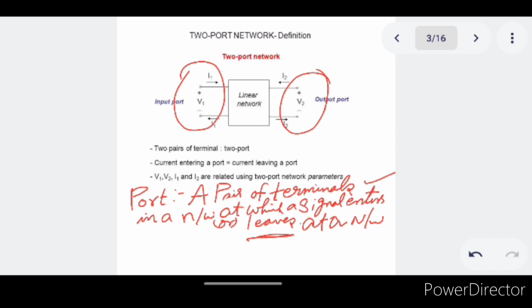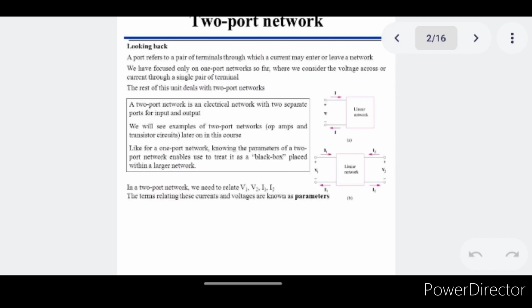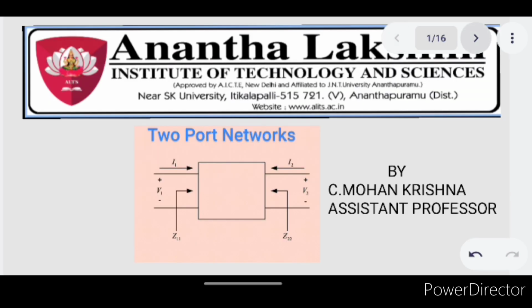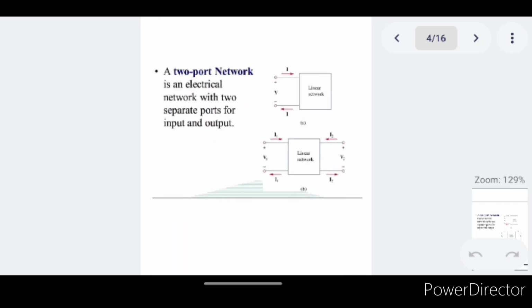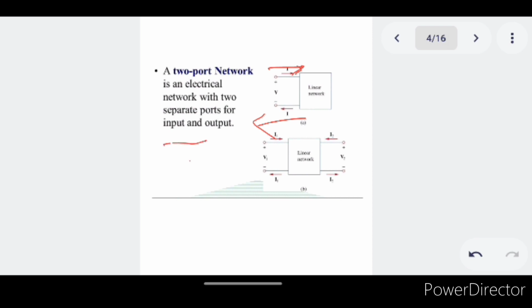Now, what is meant by a single port? A single port is nothing but where current enters in one direction and the same current leaves in the other direction, where the sum of I is equal to 0.